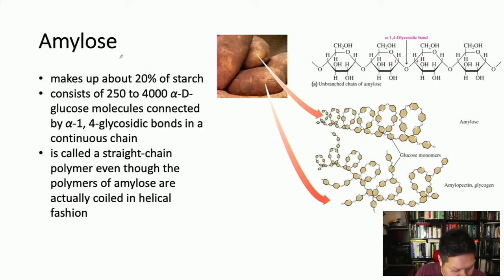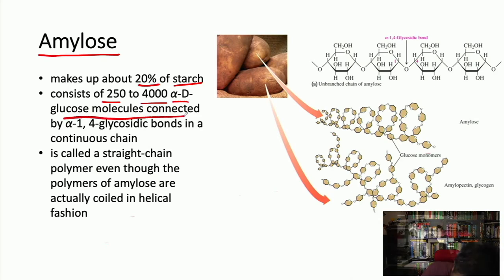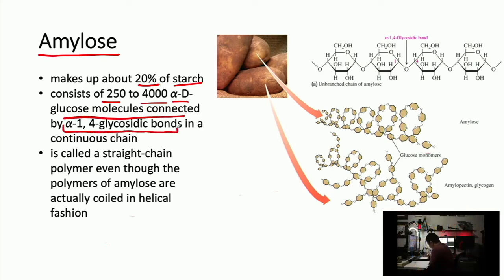So polysaccharides are most commonly used to store glucose. And in plants like potatoes, that comes in the form of starch. Well, starch is made up about 20% of a polysaccharide known as amylose. That consists of about 250 to 4,000 alpha-D-glucose molecules that are all connected together with an alpha-1,4 glycosidic bond, right?